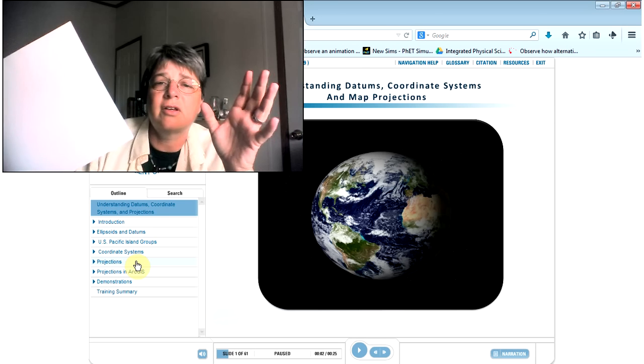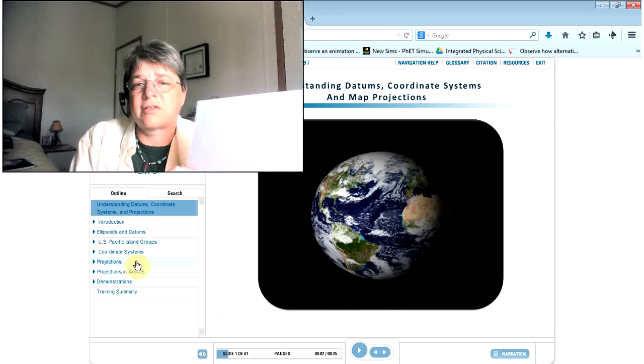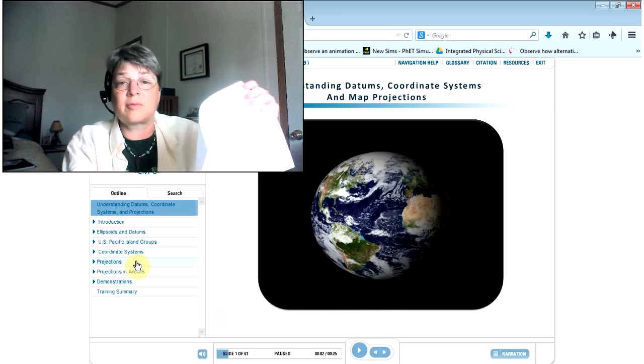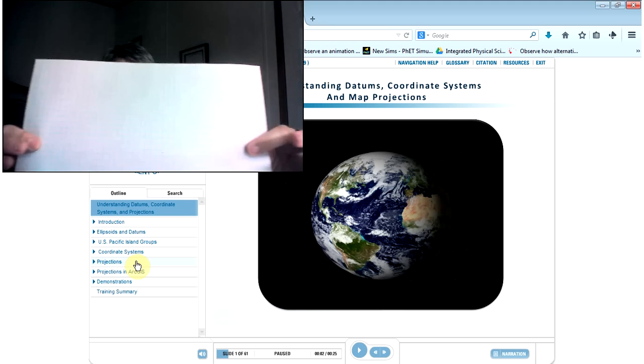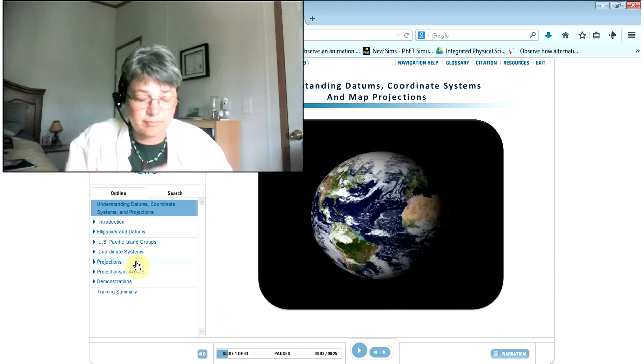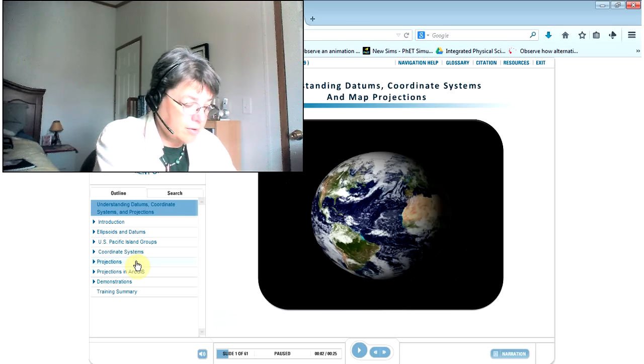Coordinate system is when we take the Earth and we slice it up. We project it. Sometimes we project it, sometimes we don't. Say we project it, we put it on a piece of gridded paper, and we draw a map. So, I'm going to draw a map. A very bad map of Texas.